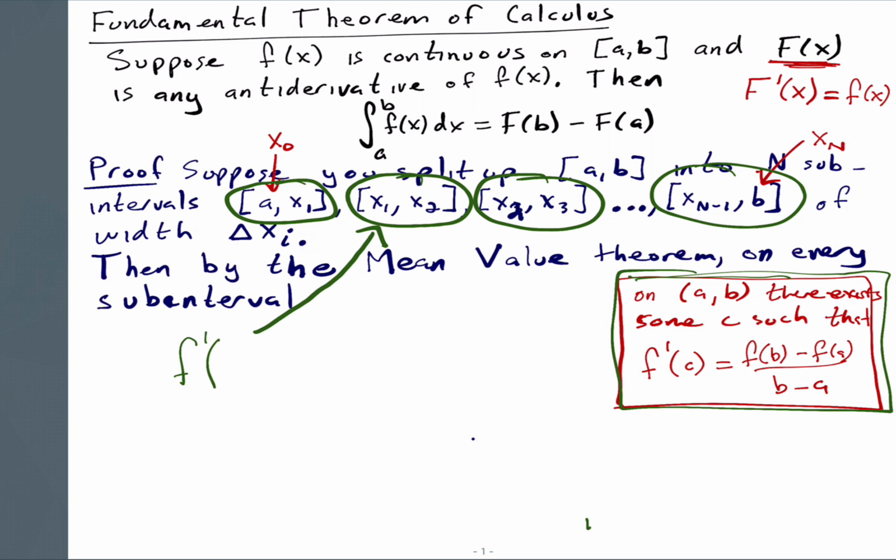Why star? Well, I don't know. Stars are magical, and it's the magic number in there that we don't know what it is, right? Okay. All right, so there's some number between x1 and x2, which is x1 star, where little f prime of x sub 1 star is equal to what?